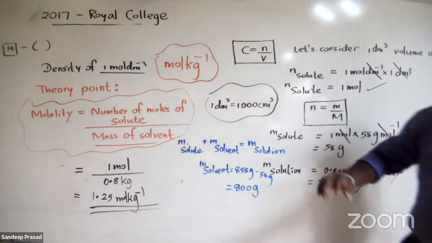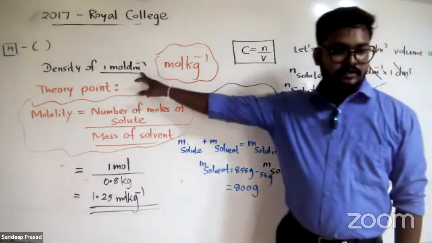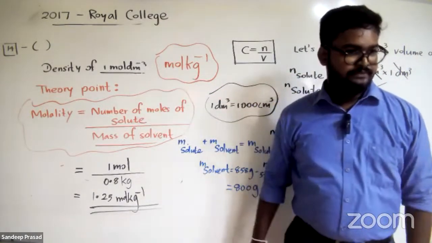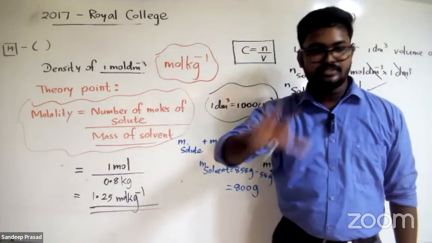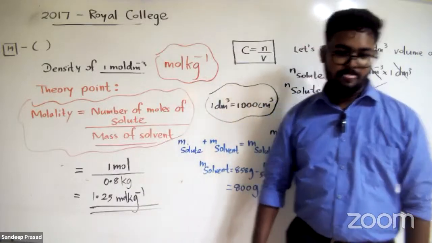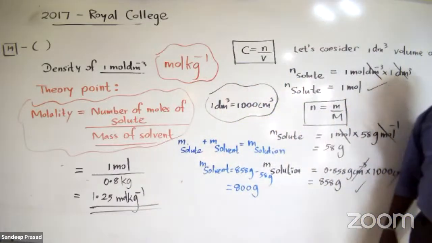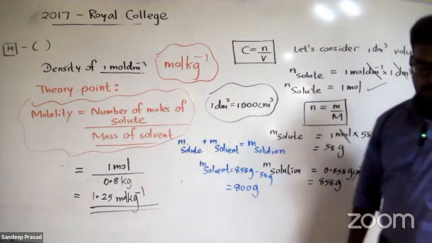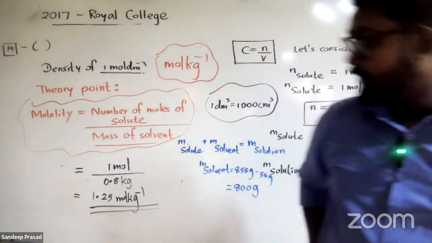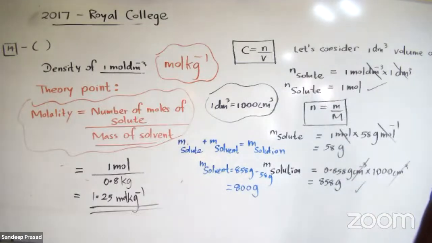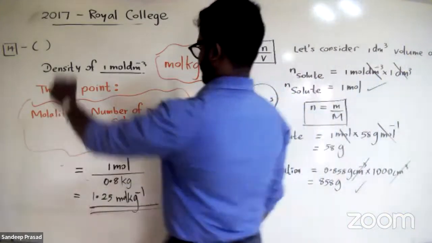Remember, always we are representing this concentration for solute. That means this 1 mole means the solute number of moles. Okay. So the question number 14 answer is the second one.